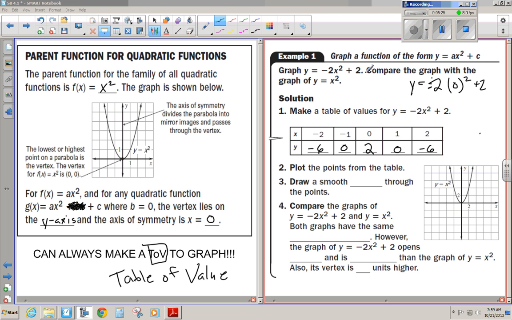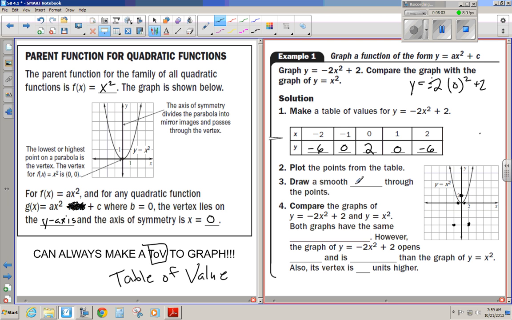Alright, you should have gotten these as your values after you plug in all the numbers for x. So you plot the points from the table. So -2, -6. Then -1, 0. 0, 2. 1, 0, and 2, -6.